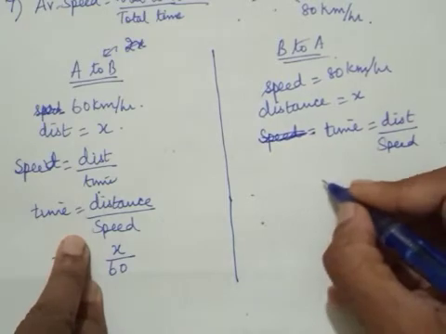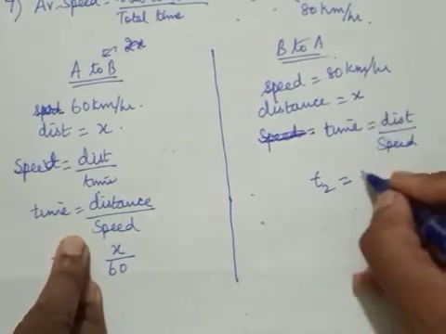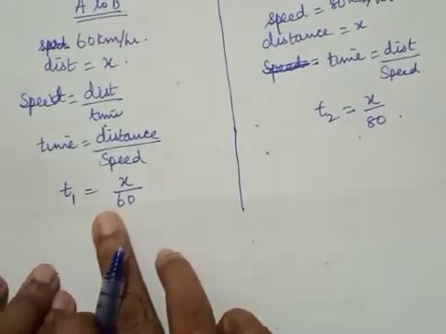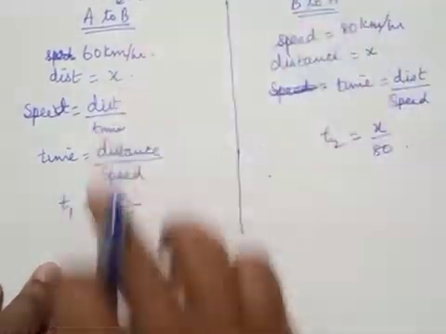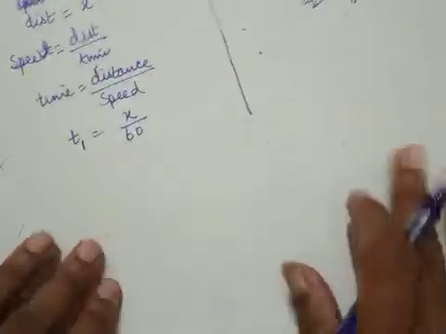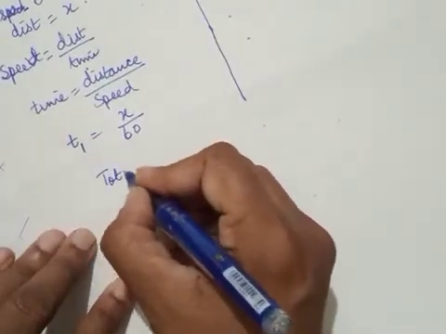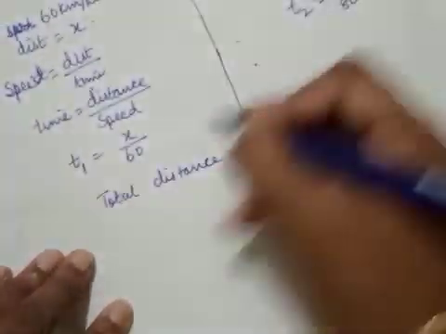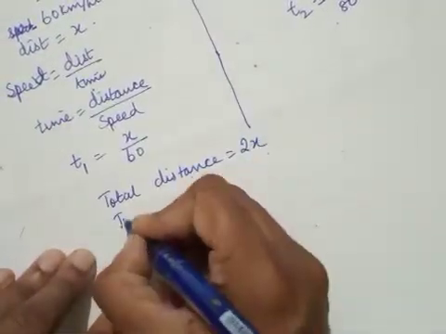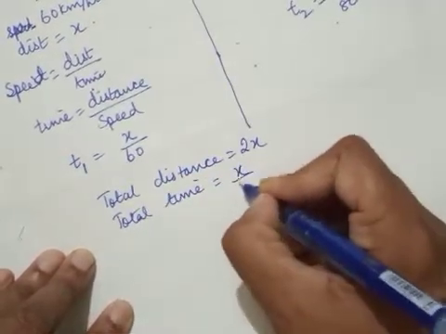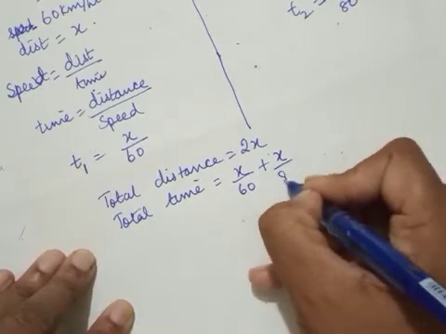So t2 is x upon 80. Time taken to move from A to B is x by 60, and B to A is x by 80. What is the total time? Total distance is 2x, because x plus x is 2x. Total time is x by 60 plus x by 80.